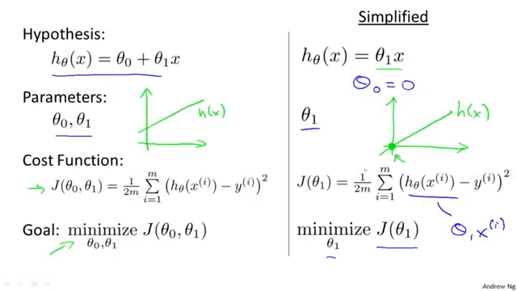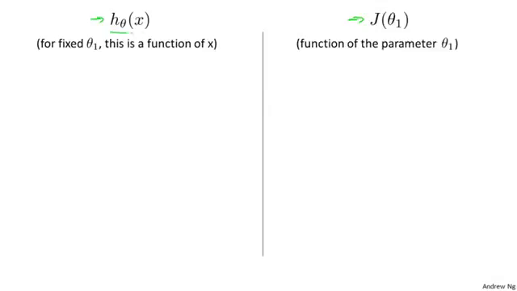Using the simplified definition of the hypothesis and cost function, let's try to understand the cost function concept better. It turns out there are two key functions we want to understand. The first is the hypothesis function, and the second is the cost function. So notice that the hypothesis h of x, for a fixed value of theta 1, is a function of x.